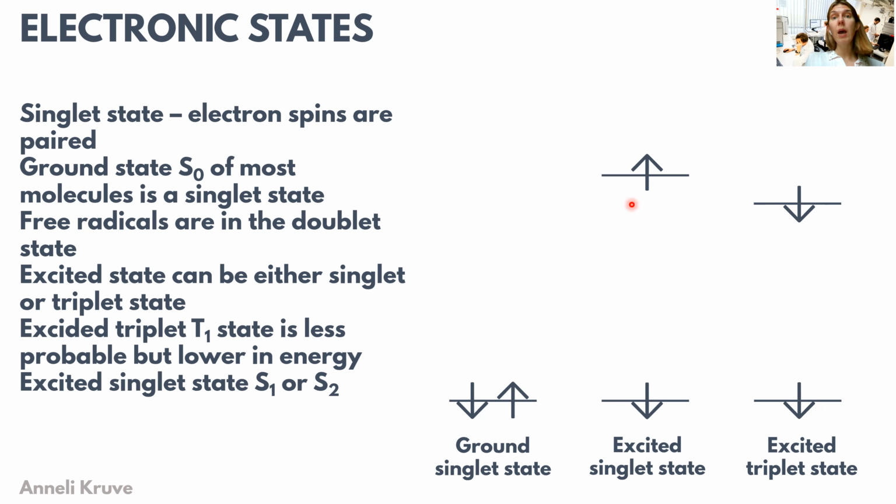Mostly what happens due to excitation is an excitation to a singlet state. It is important to mention that if the triplet states are populated, then the excited triplet states have a lower energy than the corresponding singlet states.